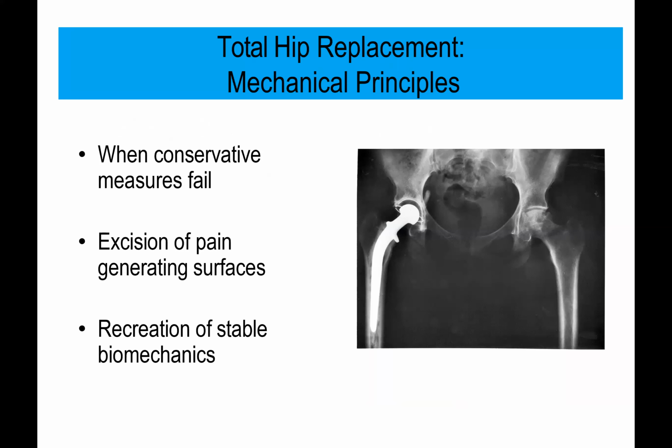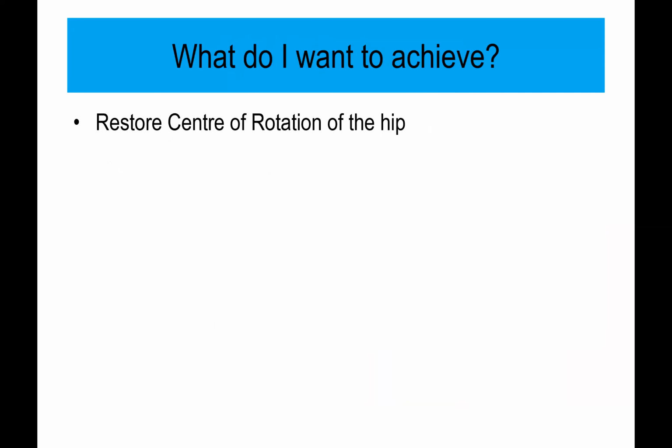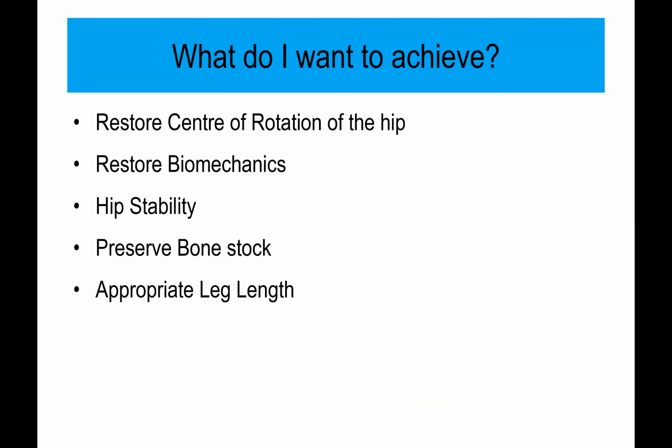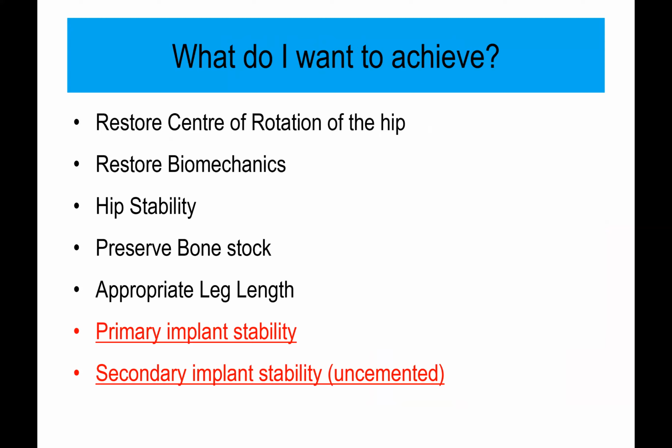When conservative measures fail, with excision of pain generating surfaces and recreation of stable biomechanics. What do I want to achieve? Jaya has gone through it. Restore the center of rotation of the hip, restore the biomechanics of hip stability, preserve the bone stock, appropriate leg length, and primary implant stability and secondary implant stability in case of uncemented.